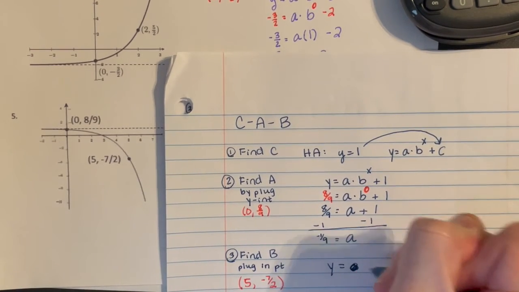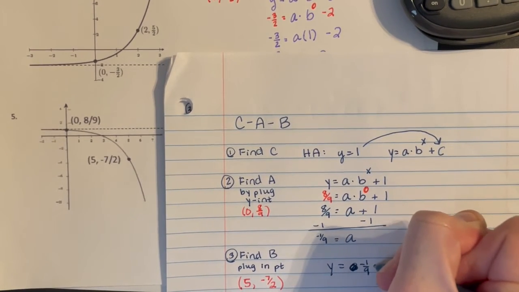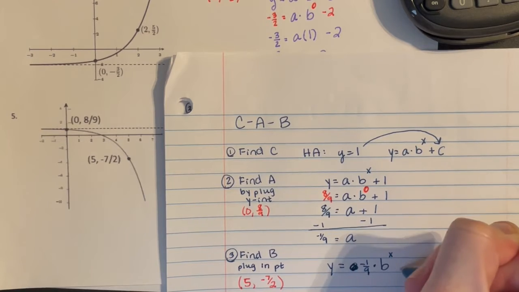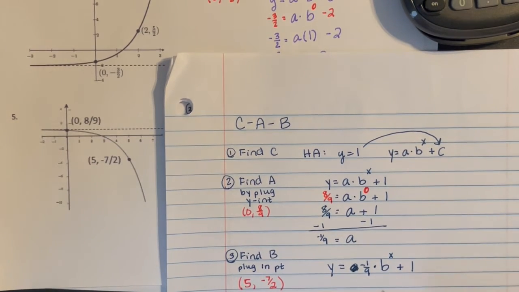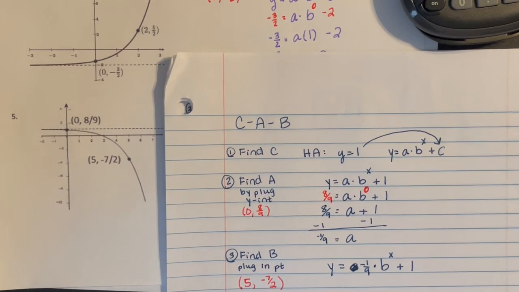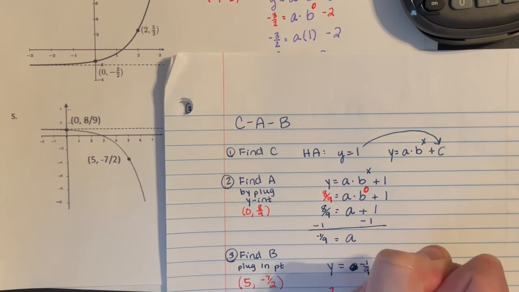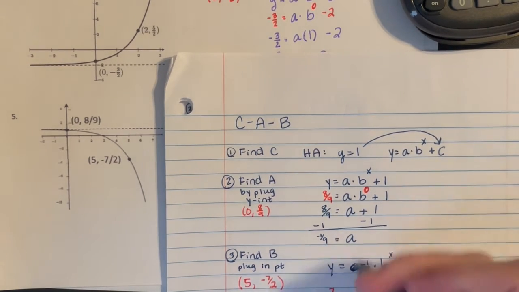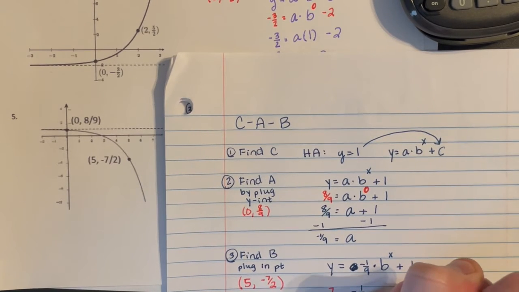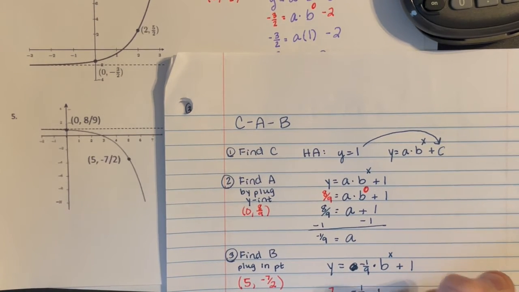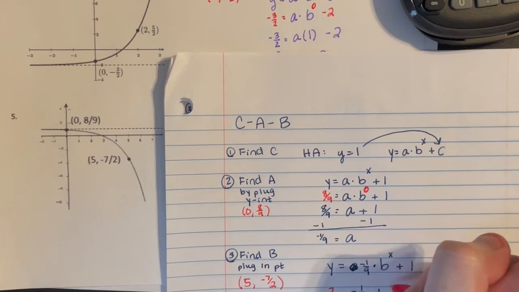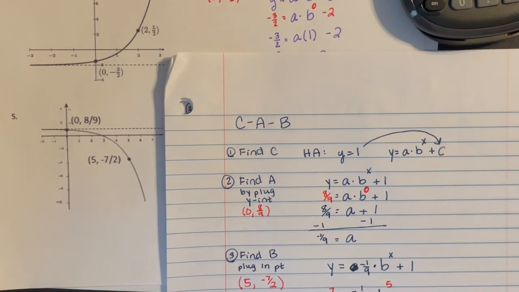It was negative 1/9. So negative 1/9 times b to the x plus 1. Only thing left to find is b. We plug in that point. -7/2 equals -1/9 times b to the x. And our x is 5, plus 1.